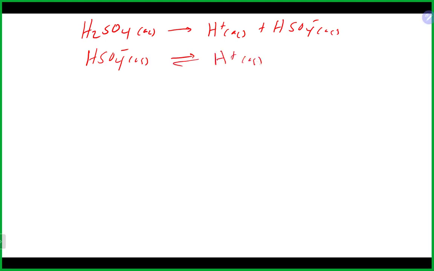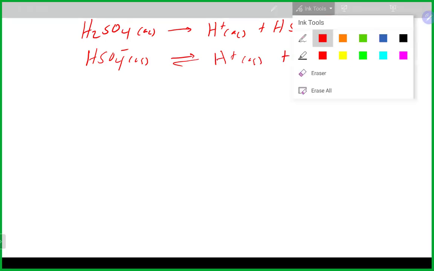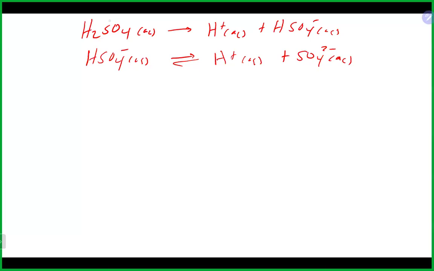It will lose one H plus first and become HSO4 minus. Then that HSO4 minus will lose a second H plus and become sulfate. And in terms of acid and conjugate base pairs, that is why, as we talked about, this one and this one are pairs.